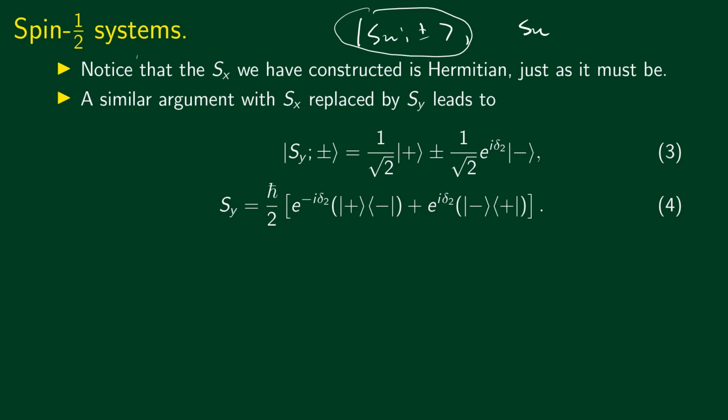It's h bar by 2 e raised to minus I delta 2 ket plus bra minus plus e raised to I delta 2 ket minus bra plus. This is operator Sy. Now you can just use the same arguments that we did in the case of ket Sx plus minus and operator Sx to find these operators. So maybe you can do it as an exercise just to convince yourself.